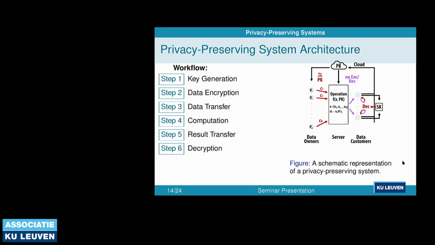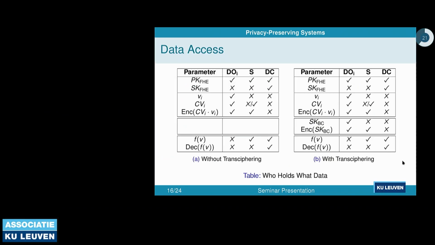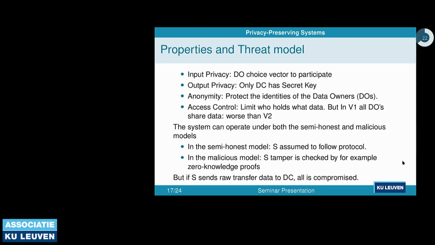For example, we don't want the data owner to server transfer to be listened to by the data customer, because if they have the private key, they can actually decrypt the original data. But because the server doesn't have the private key, the server can't decrypt the original data. It can only process it towards the result. And I do want to apologize because it seems that my slides are out of order a bit, so I can't show you what I actually want to show you.